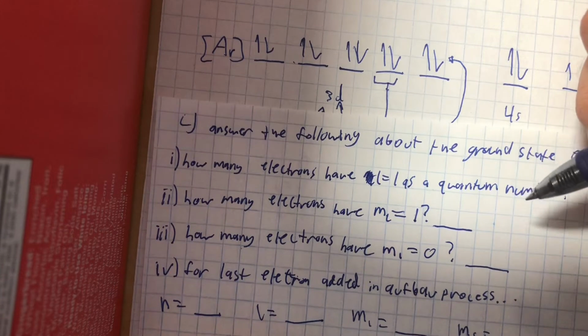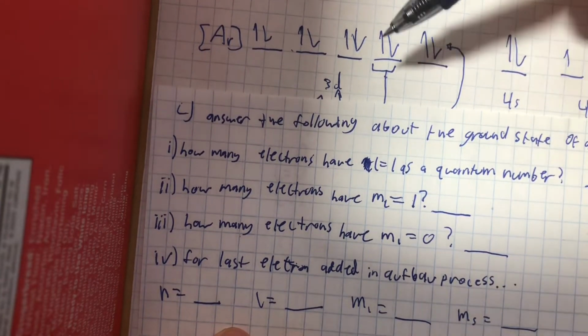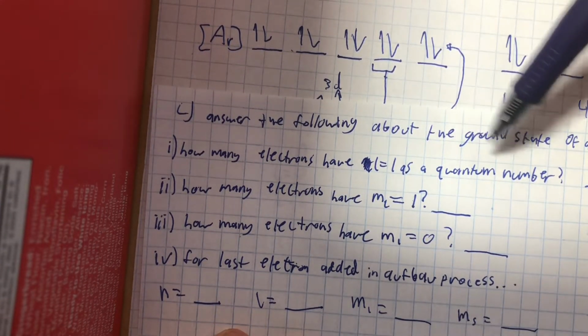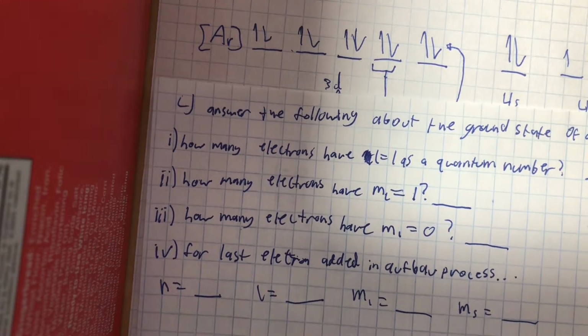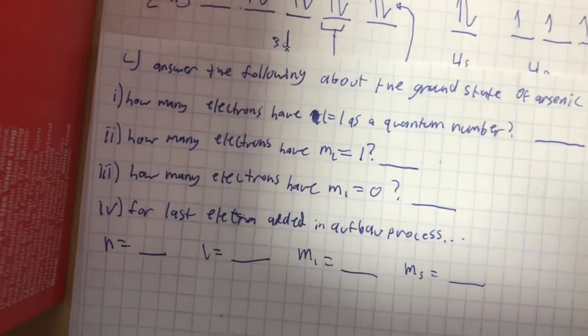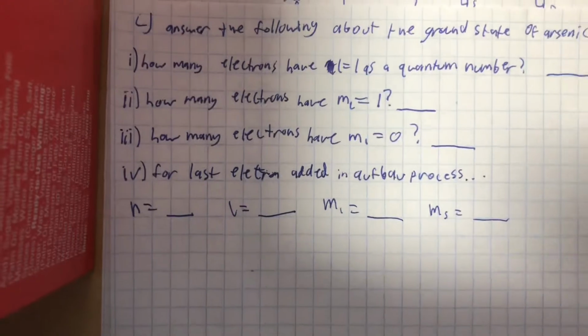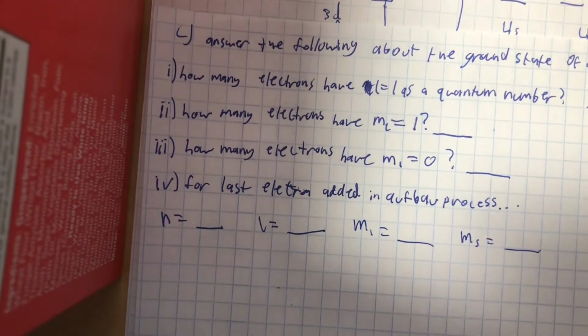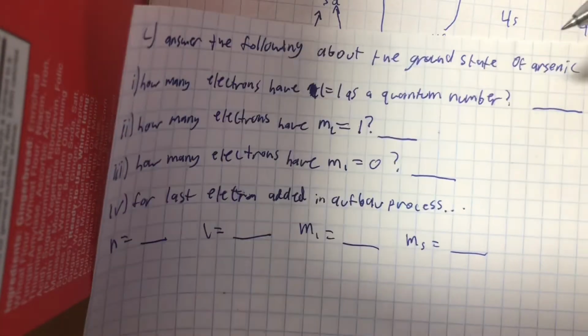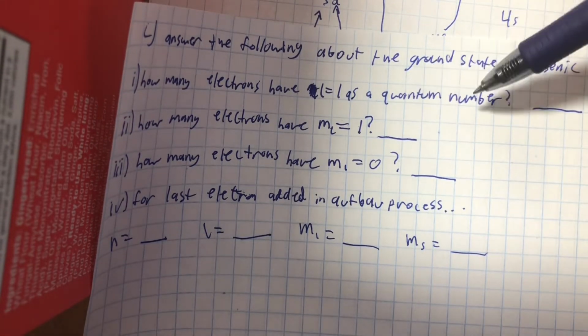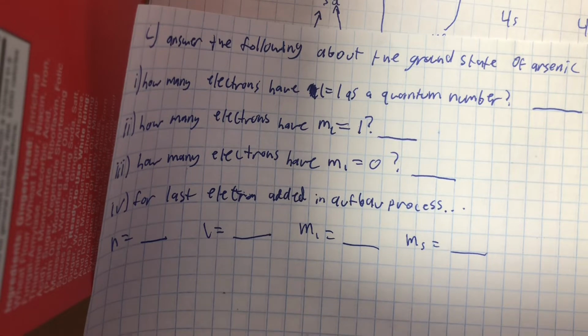Okay, so I'm going to try to keep this all in frame here. Question C just tells you to answer the following about the ground state of arsenic. Ground state of arsenic. How many electrons have L equals 1 as a quantum number?